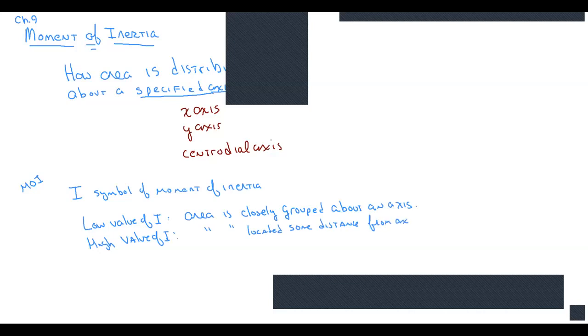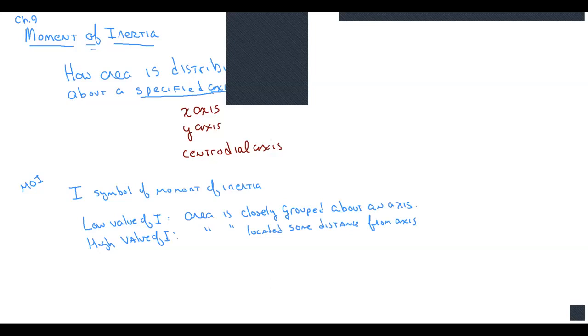Again, whether that's the x-axis, the y-axis, the centroidal axis. Okay. I have also heard the moment of inertia described as how likely it is for something to bend. Right. So we'll keep that in mind as well.